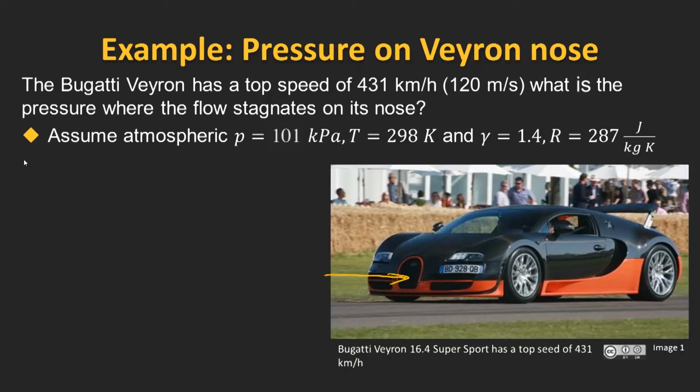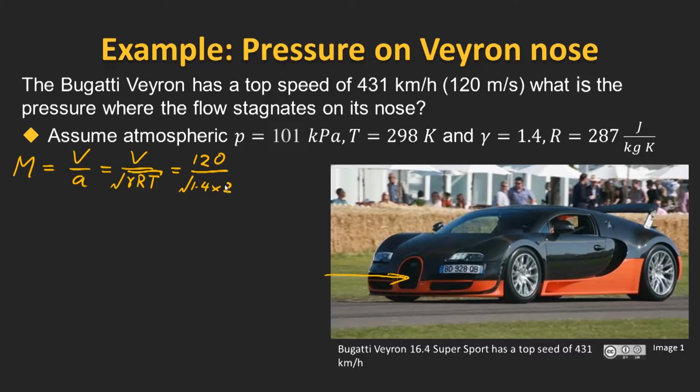Okay, so the first thing we need to do is to calculate the Mach number M, which is equal to the speed of the vehicle divided by the sound speed a, and we know that the sound speed is the square root of gamma RT. Okay, so in meters per second, the speed of the vehicle is 120. Gamma for air is 1.4.